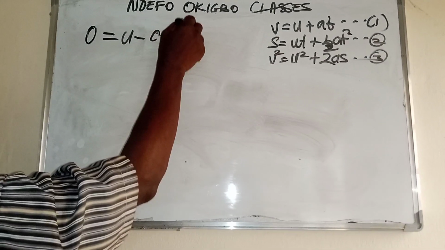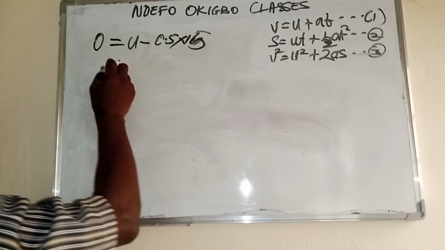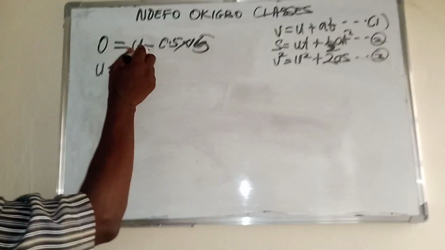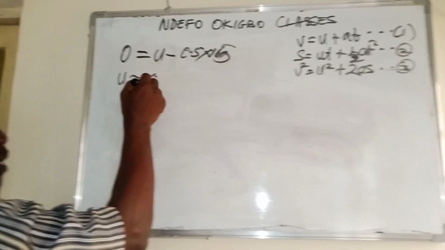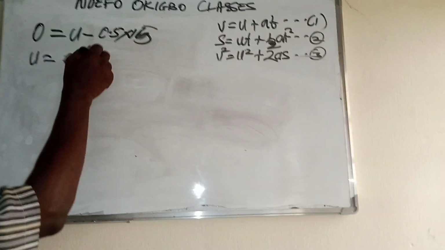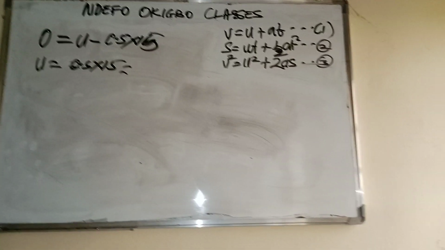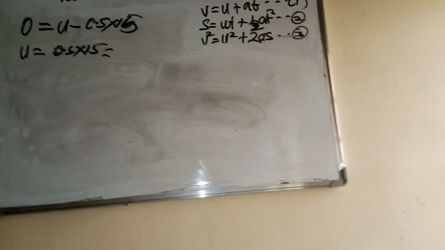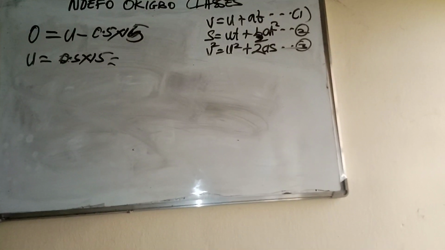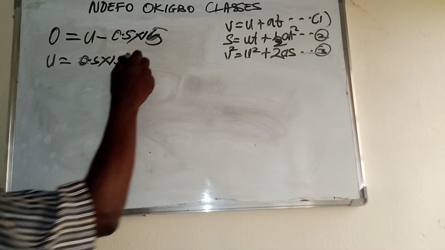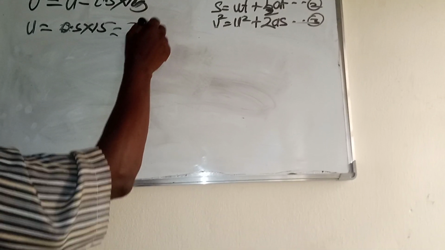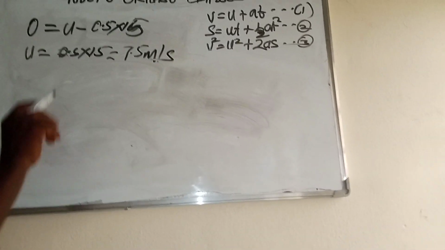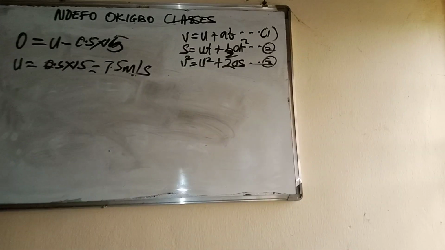The initial velocity is 0.5 times 15, which is 7.5 meters per second, using the first equation.